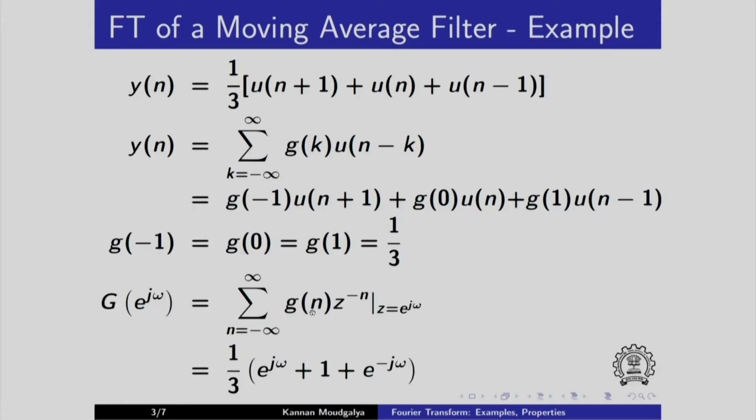So I have g of minus 1, which is 1 by 3 into z power minus n. When I substitute z equals exponential j omega, I get exponential. Because it is minus 1, it becomes plus j omega, then 1 and then exponential minus j omega. It is easy for you to verify this, and when I simplify this it becomes 1/3 of 1 plus 2 cos omega.